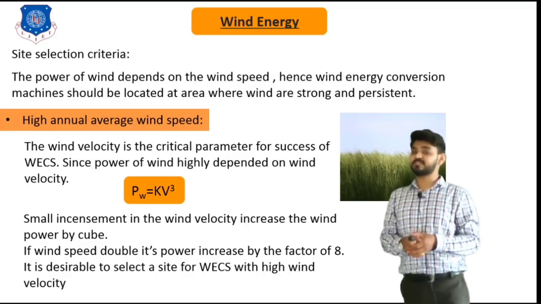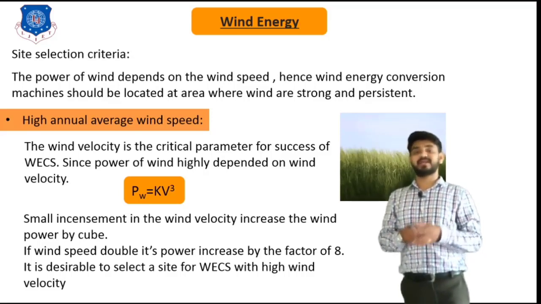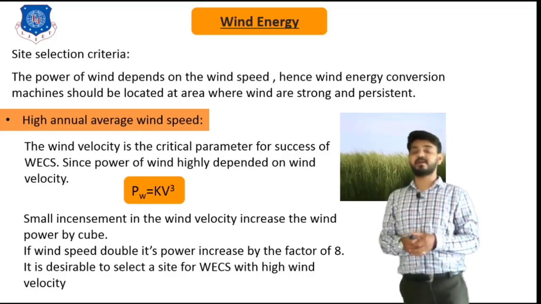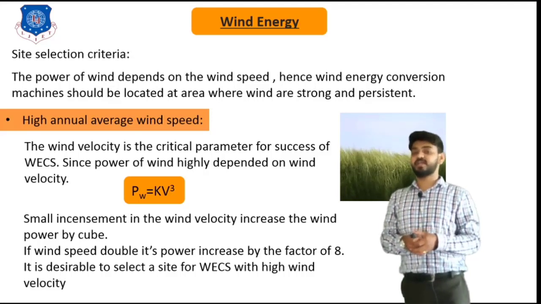The wind velocity is a critical parameter for the success of a wind energy conversion system. Wind power is highly dependent on wind speed as P_W, that is wind power, is equal to K into V raised to 3, where V is the velocity of wind.